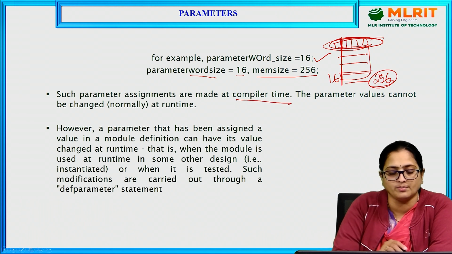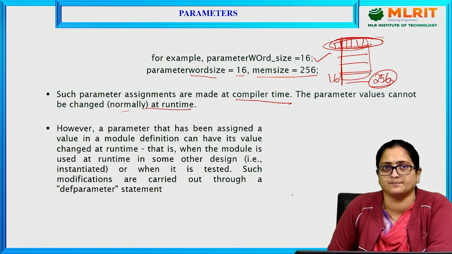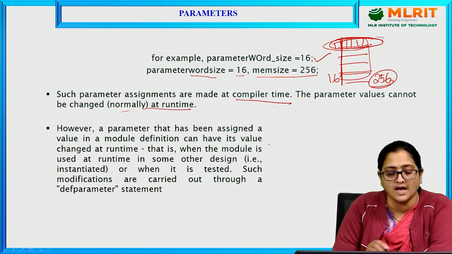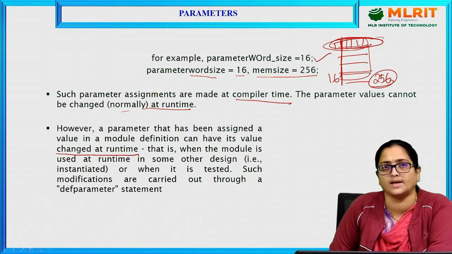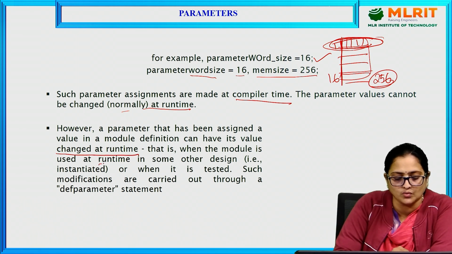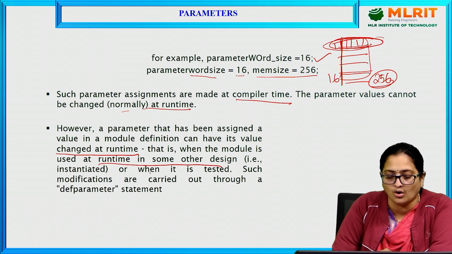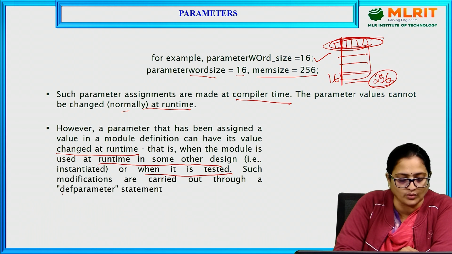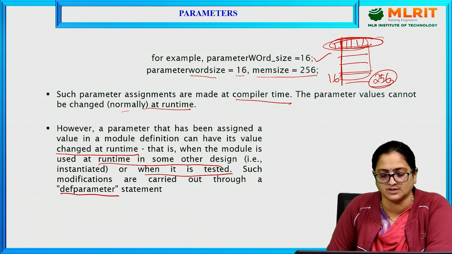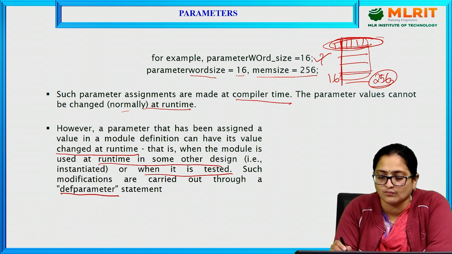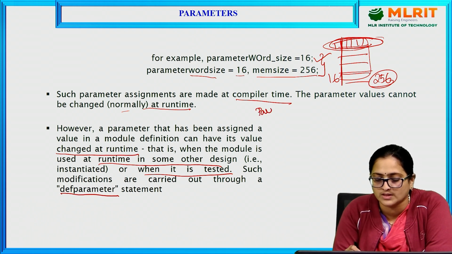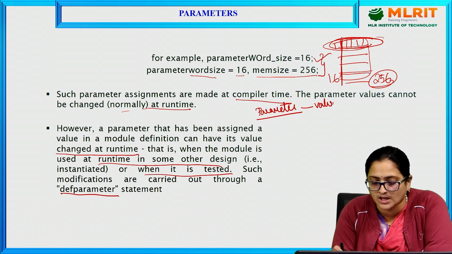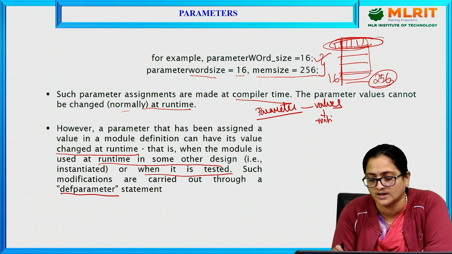Such parameter assignments are made at compile time. Parameter values cannot be changed at runtime. However, a parameter that has been assigned a value in a module definition can have its value changed at runtime, that is, when the module is used in some other design or when it is tested. Such modifications are carried out through a defparameter statement. Generally, values declared with the keyword parameter cannot be changed at runtime.